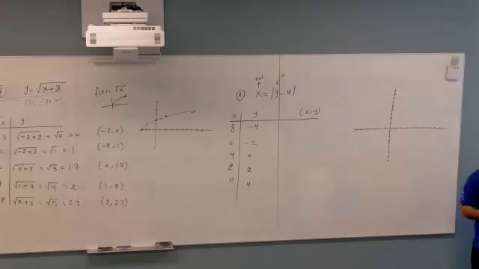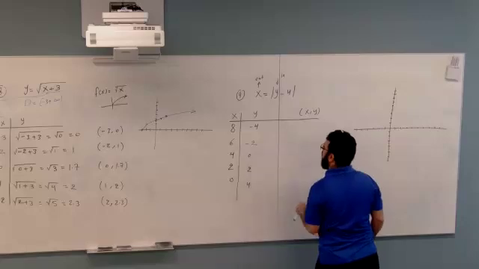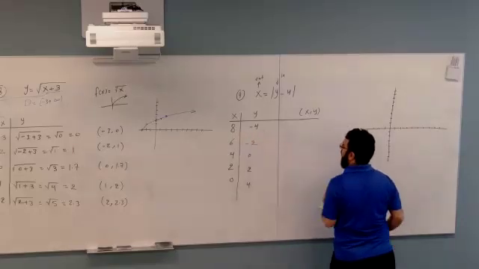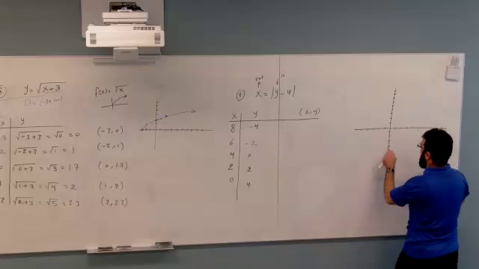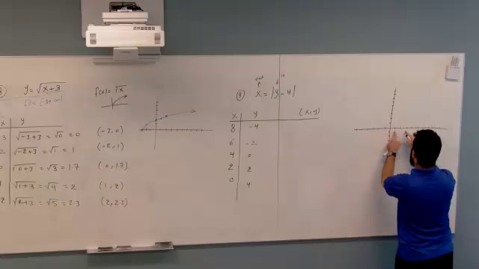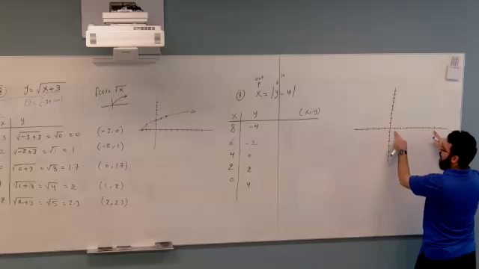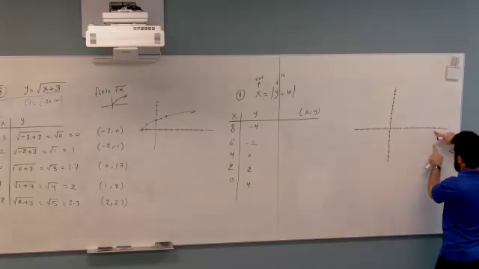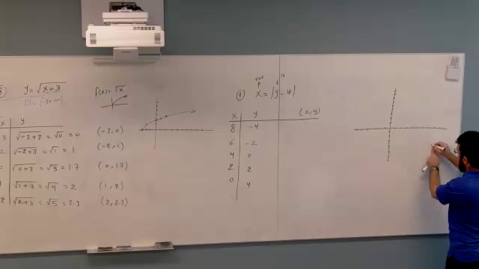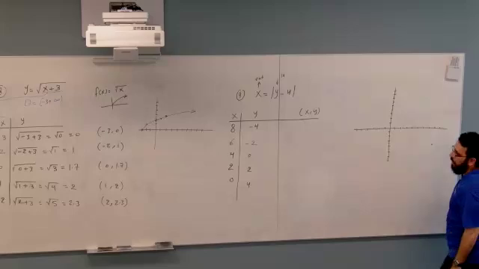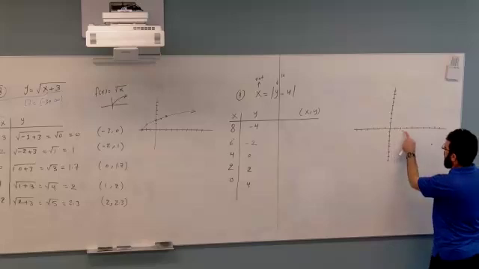Now graph these numbers. So 8, -4. Careful, this is the x, this is the y. But the input is the y. 8: 1, 2, 3, 4, 5, 6, 7, 8, with -4. 6, -2: 1, 2, 3, 4, 5, 6, -2.